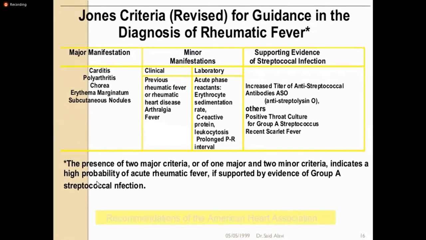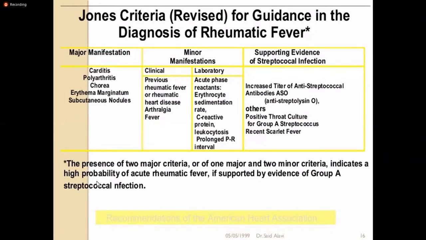Other is a positive sore throat, positive throat culture for group A streptococcus, and recent history of scarlet fever.